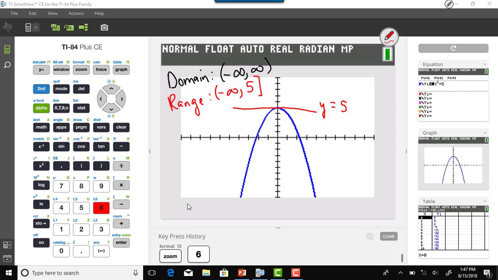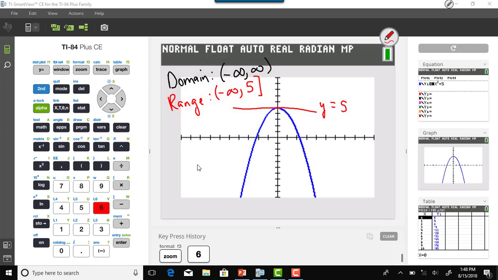That tells me that I have included my 5. Again, we're writing these in interval notation, so we're using brackets around numbers we want to include, and at infinity, in either direction, we always use parentheses. So be real careful about the brackets and the parentheses because they do make a difference in some situations.